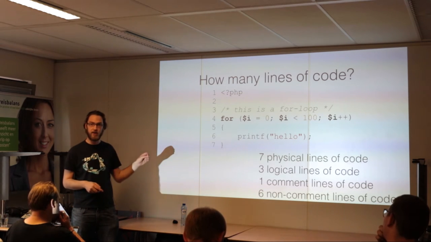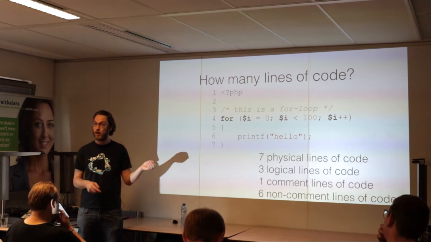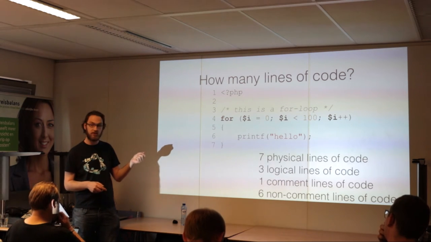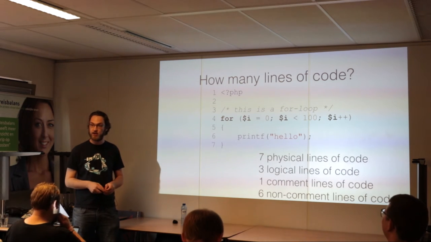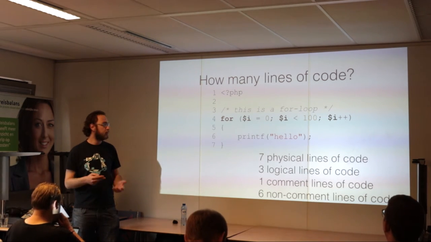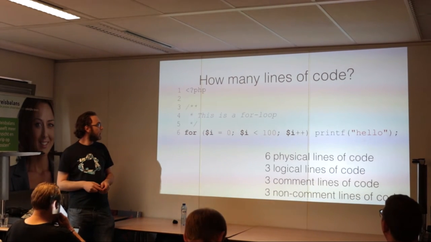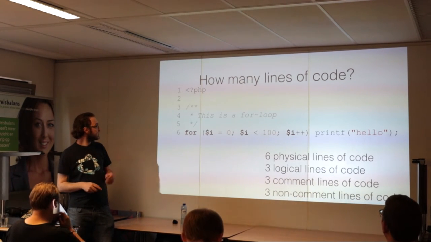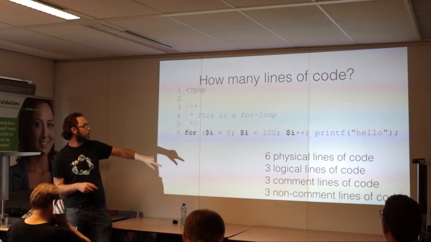There's a tool that can measure these amounts of lines of code. I will mention it later, and it does include the PHP open tag as a logical line of code, so I'm taking that as an example. I'm not sure about the definition, but I'll go with it. So this is 6 physical lines of code and 3 logical.